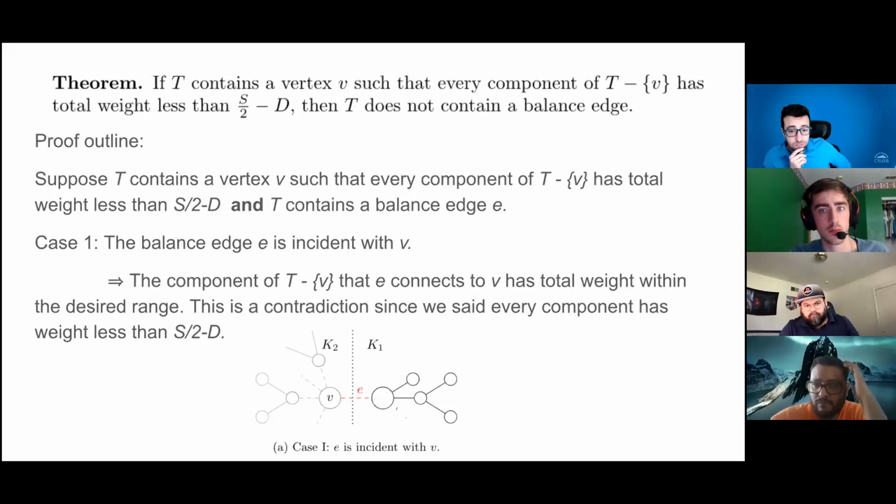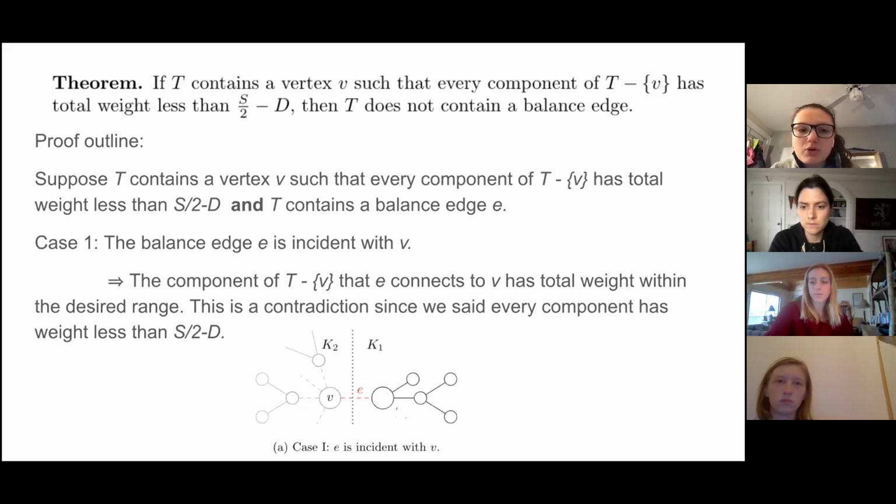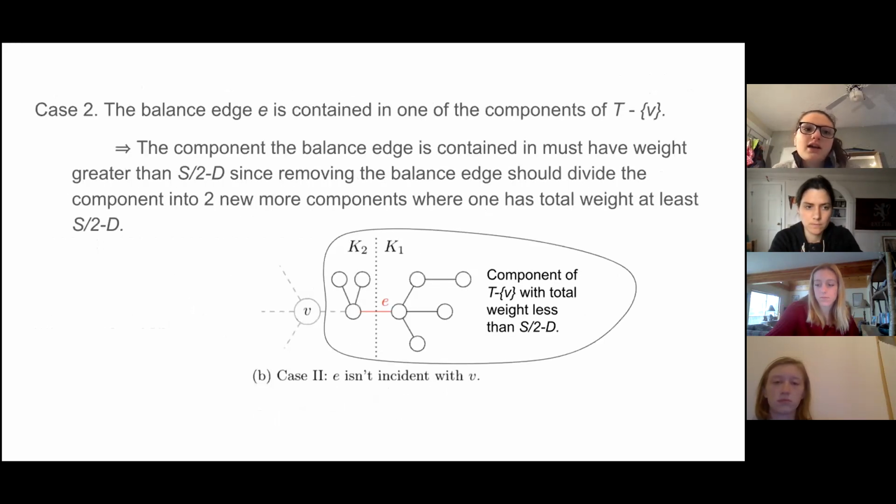But we already said that every component has total weight less than the minimum that we want to accept, so that can't be possible. The second case is that the edge is in one of these components that has total weight less than we want, and so it can't be in there because it would be splitting that component into 2 smaller weight pieces.